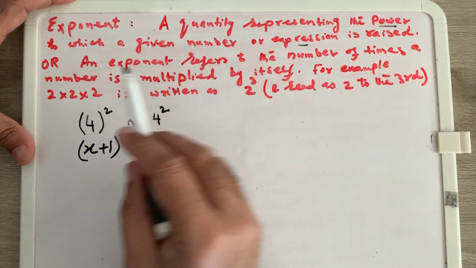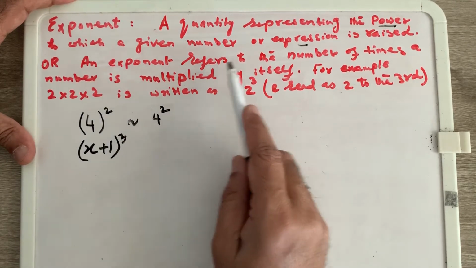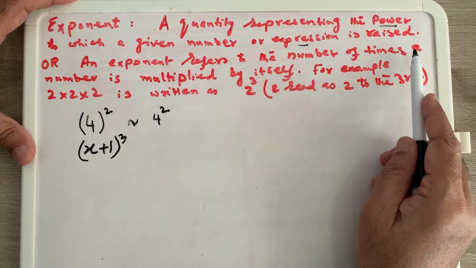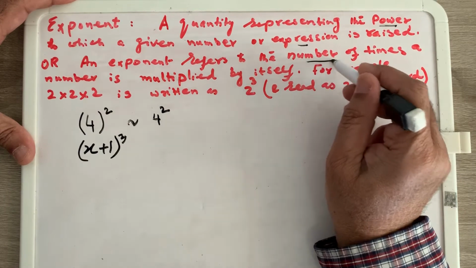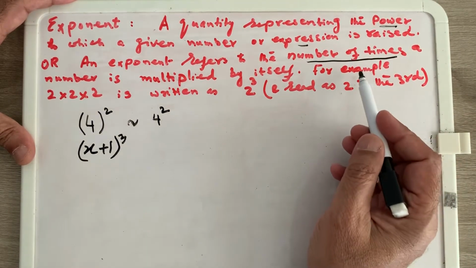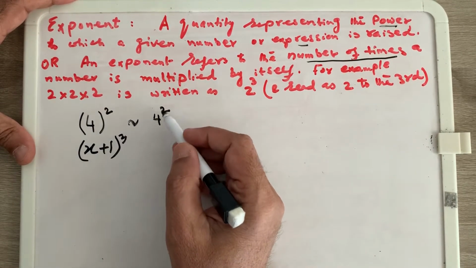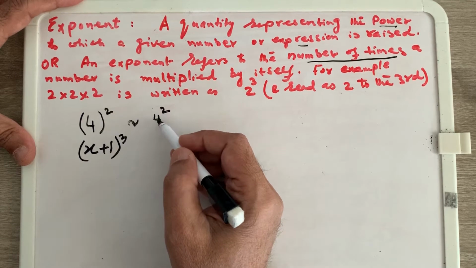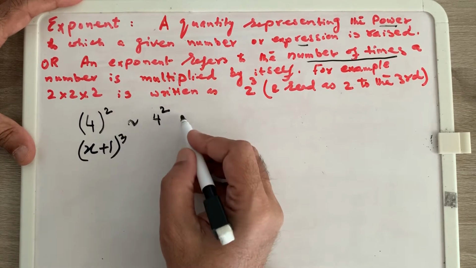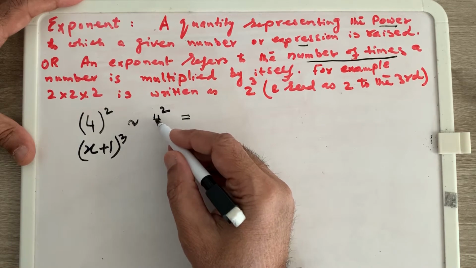What does it mean? So another definition: an exponent refers to the number of times a number is multiplied. So if it is 4 to the power 2, that means how many times 4 is being multiplied by itself.